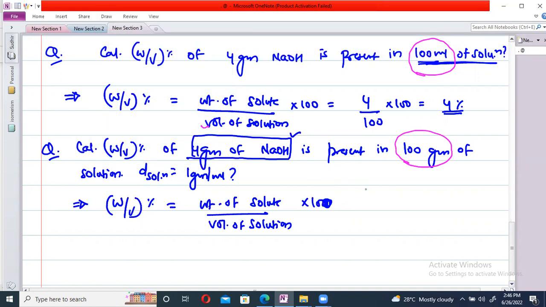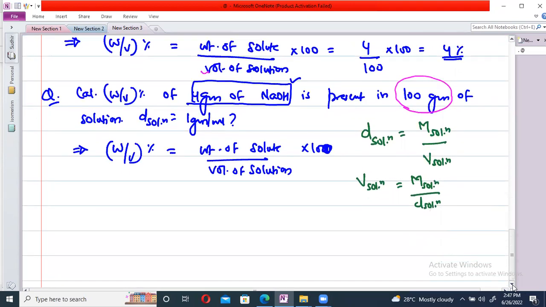You should go with the formula: density of the solution is equal to mass of the solution by volume of the solution. But what you want is the volume of the solution. So volume of solution is equal to mass of solution by density of solution.